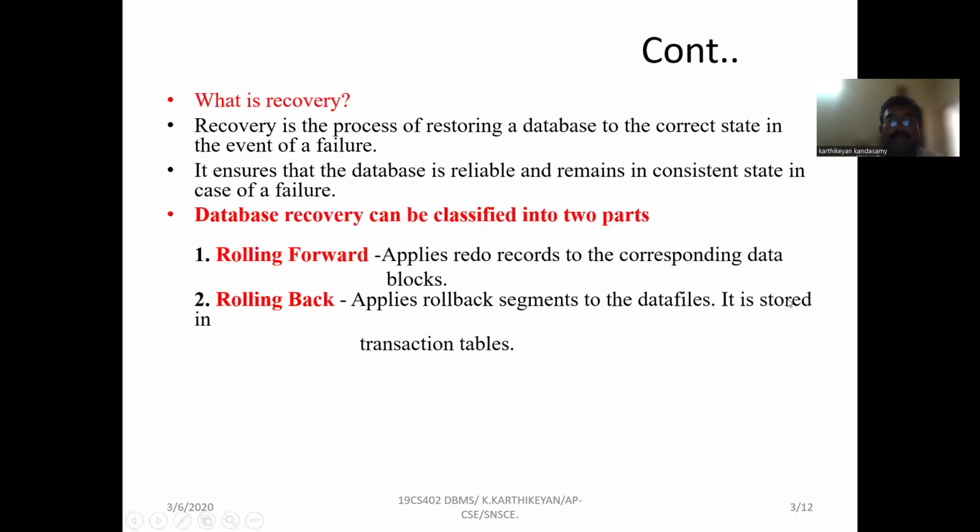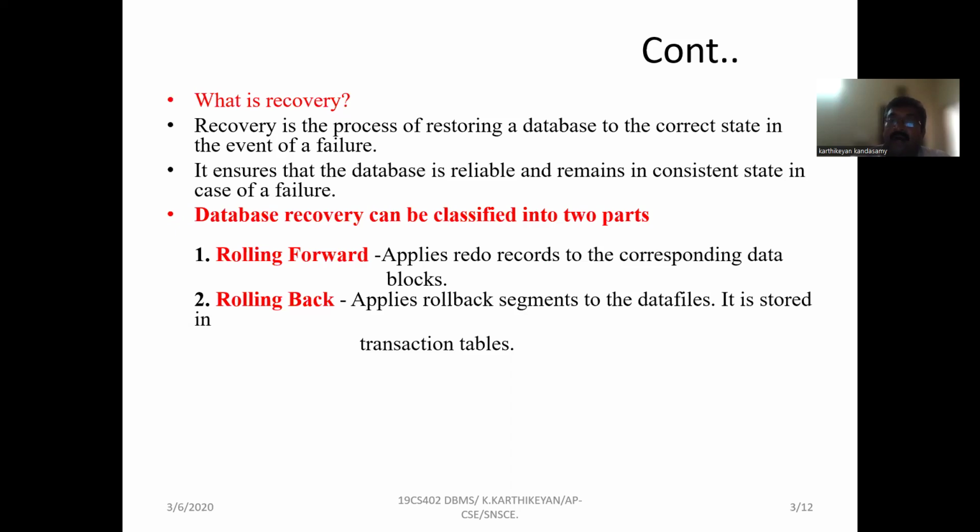So what is recovery? Another definition: recovery is the process of restoring the database to its current state in the event of failure, and ensuring the database is reliable and remains in a consistent state in the case of failure. Database recovery can be classified into two parts: rolling forward and rolling back.